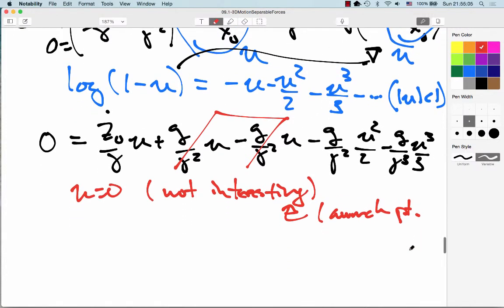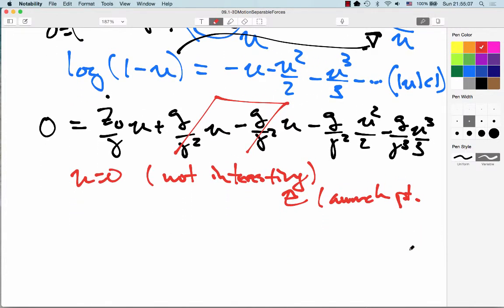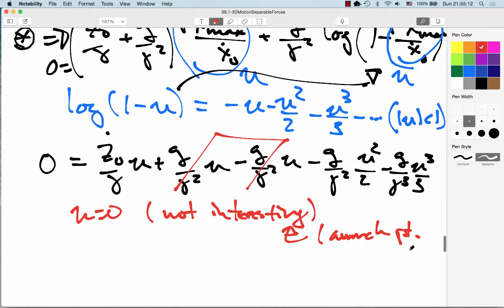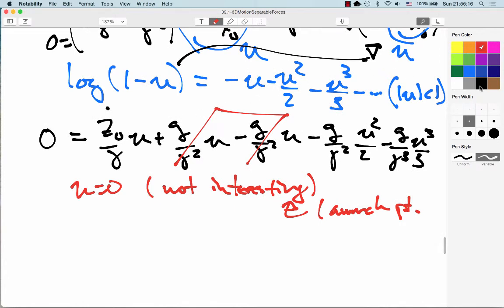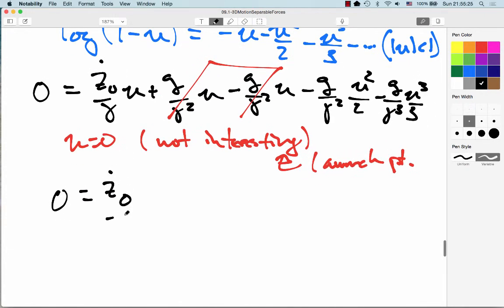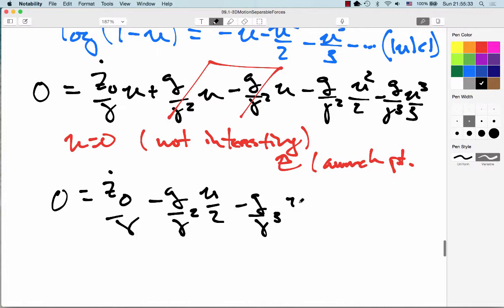So we have to look for other solutions, so we can factor out a u from what's left here. We'll have 0 equals, factoring out a u, z naught dot over gamma minus g over gamma squared u over 2 minus g over gamma cubed u squared over 3.